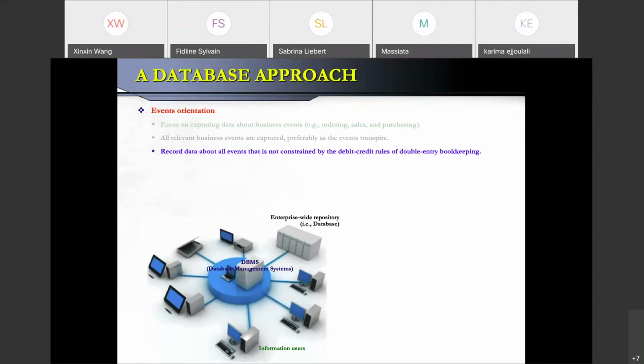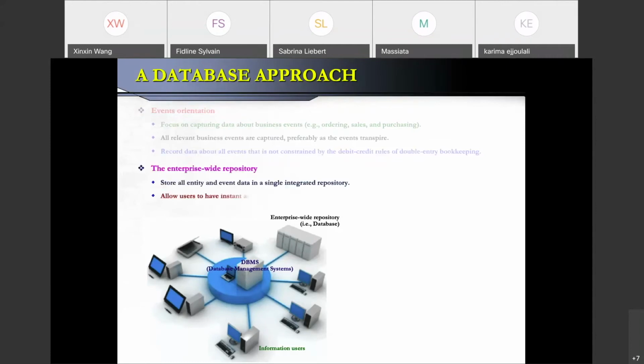Have more information than the information user needs. And another thing is enterprise-wide repository. It's like a big giant document, store all the entities and events, right? It allows users to instantly access this information.